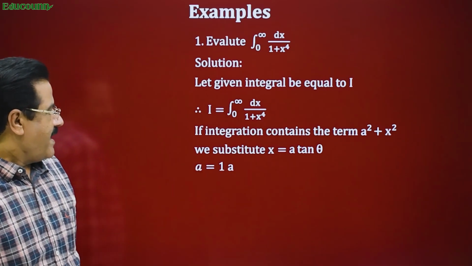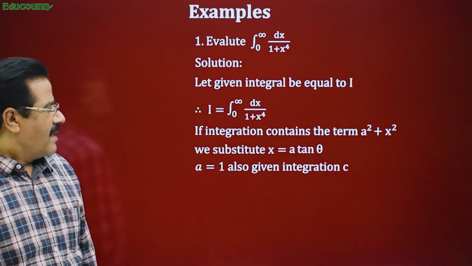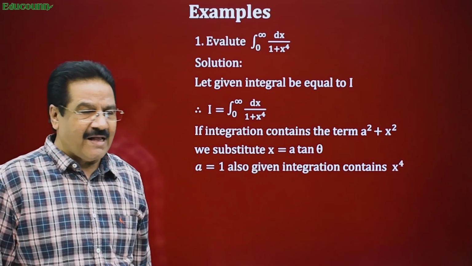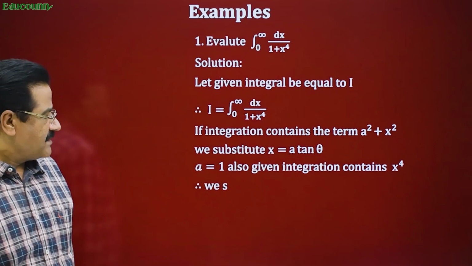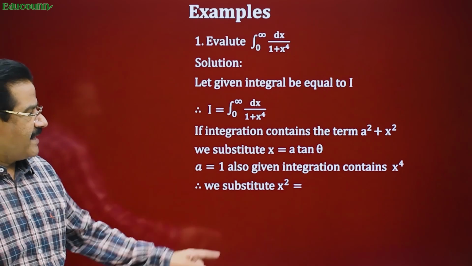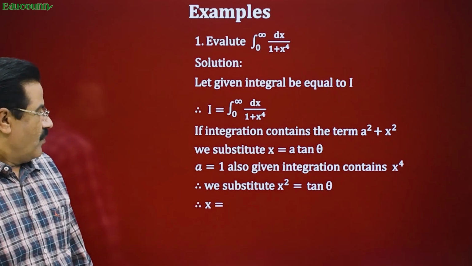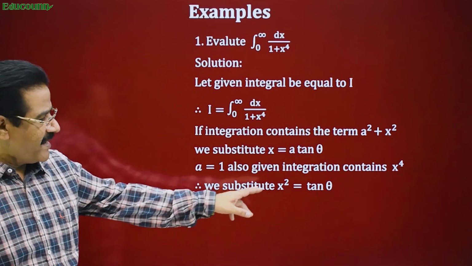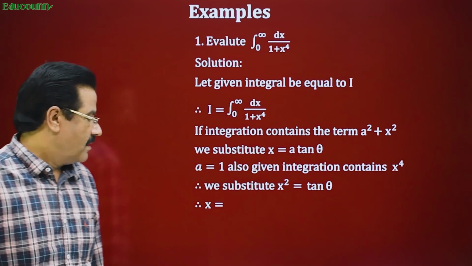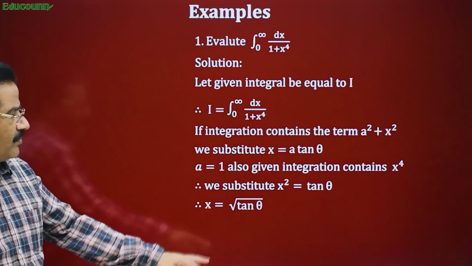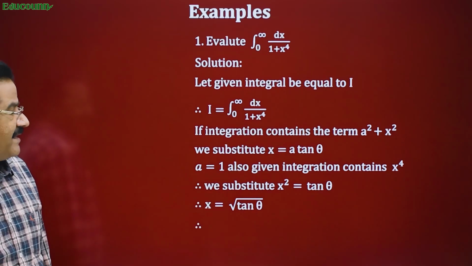So here a is equal to 1 and the integration also contains x raised to 4. So let us take the substitution x square is equal to tan theta. Now we take the value of x by taking the square root on both sides. Therefore x is equal to root of tan theta.